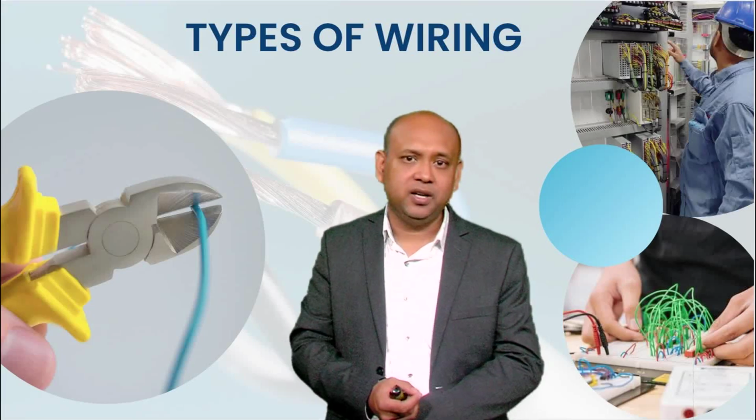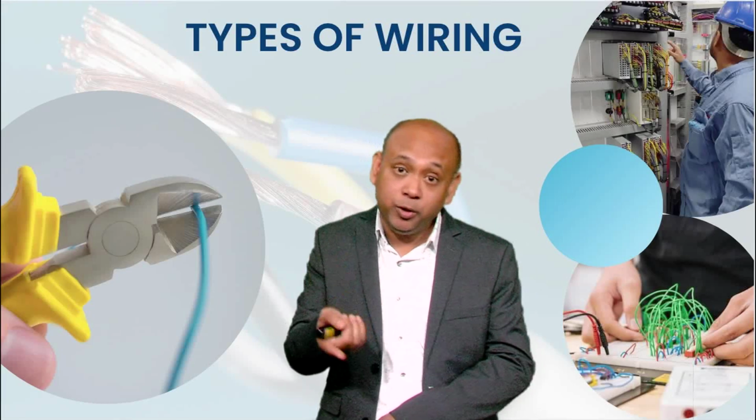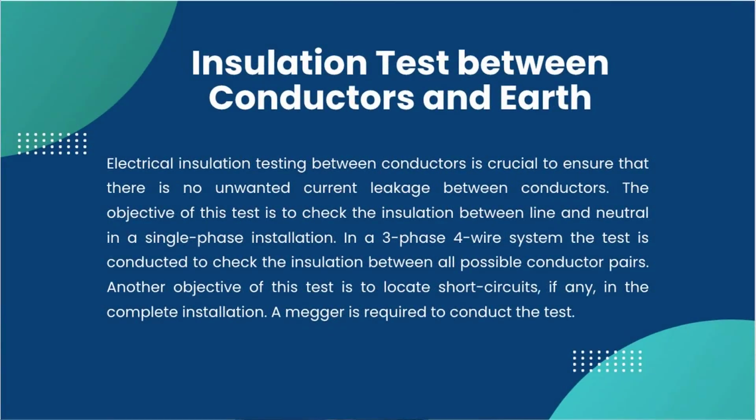The next test that we are going to discuss is the insulation test between conductors. Electrical insulation testing between conductors is crucial to ensure that there is no unwanted current leakage between conductors. The objective of this test is to check the insulation between the line and the neutral in case of a single phase installation.